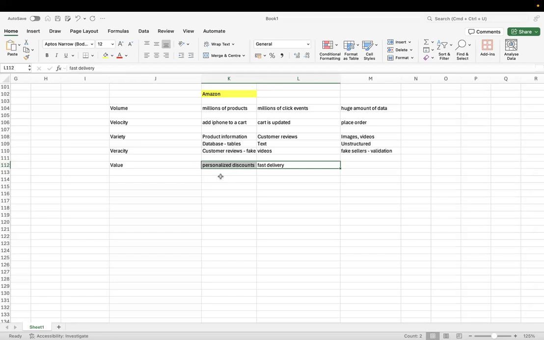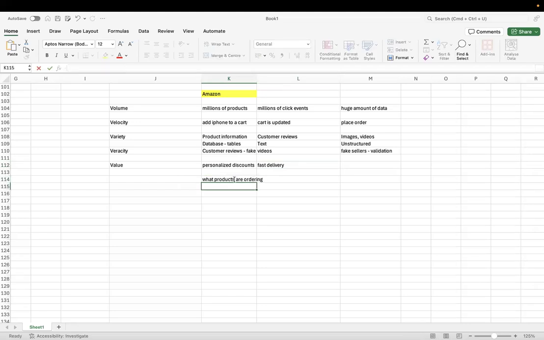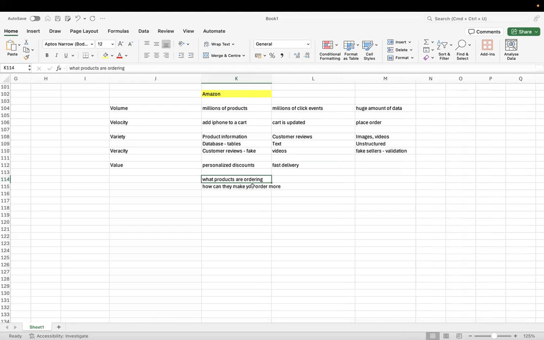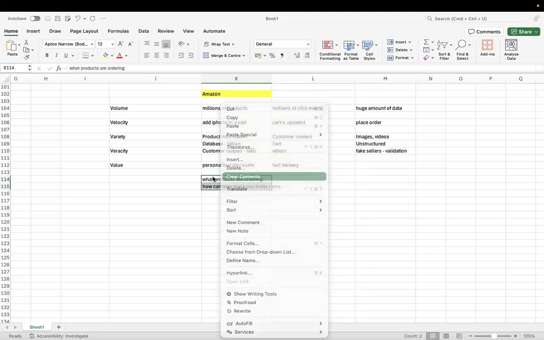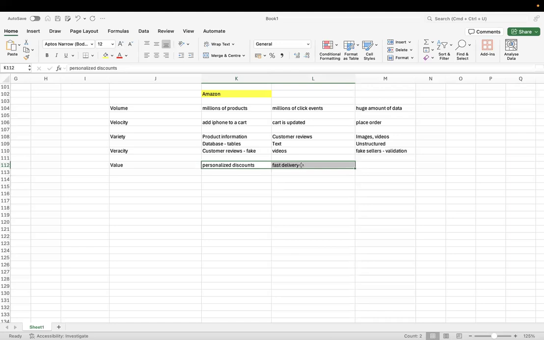User data is specific to understand what products you are ordering on a periodic basis, what categories of products, and how they can make you order more. So they give you personalized offers. If you are ordering phones or electronics, they are going to give you personalized offers sometimes. This is how they generate value out of the data.